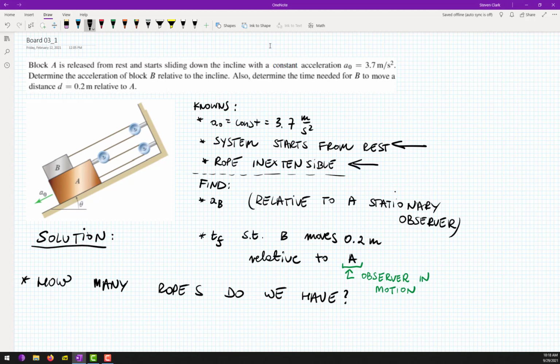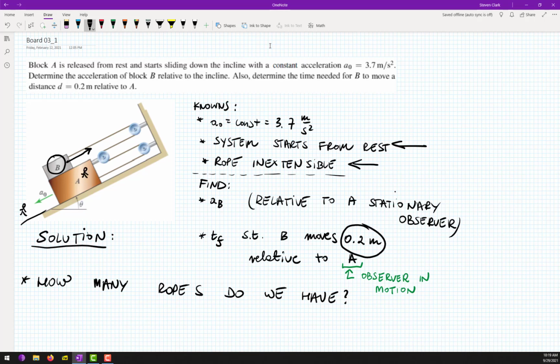And they ask us to find AB for a person standing on the ground looking at it. So for the stationary observer, they ask us to find AB, and then they ask us to find the time needed for that block to slide 0.2 meters for a person sitting on A.